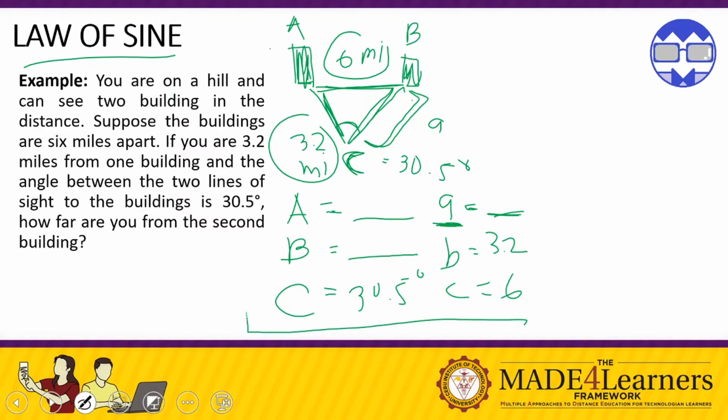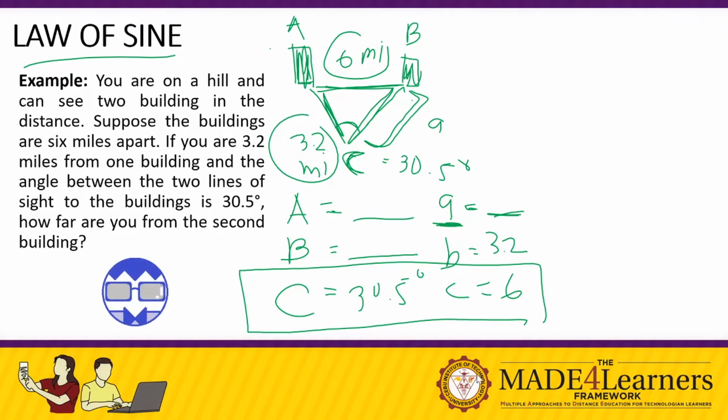Okay, so obviously we are going to use law of sines because we have a pairing of an angle and a side. We are looking for side a, but for us to find it, we need angle A. Hence, we need to solve first for angle B, then angle A, and then we can solve for side a. So solving for B, we have sine B over b equals sine C over c.